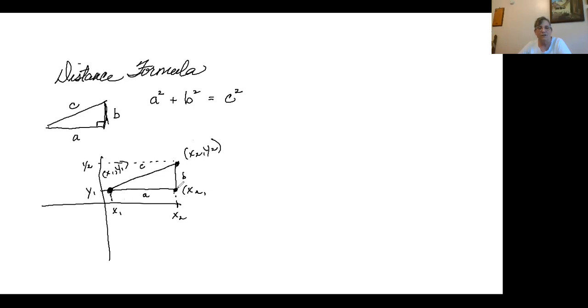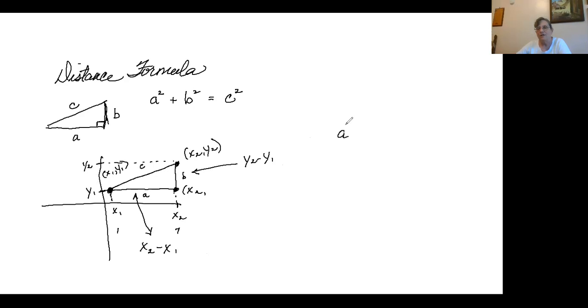The distance from here to here, let's say this was 1 and this was 7. What's the distance between them? Well, 7 minus 1 is 6, of course. So the distance here is going to be the difference of the two x values. The length of this side is going to be the distance between these two y values. So you just subtract them.